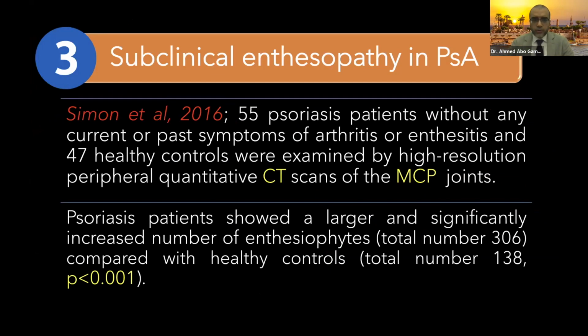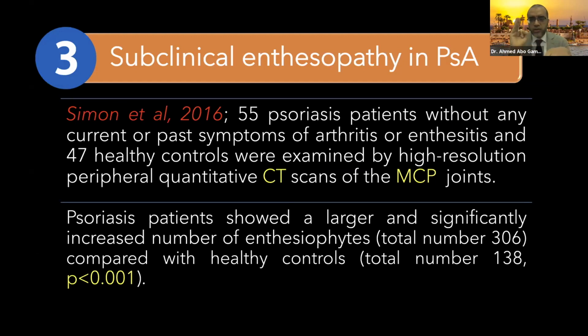Coming to the third point for the clinical challenges of the prevalence of enthesitis, which comes from the imaging data. We have a lot of progressive or growing evidence from imaging data that there is always a higher prevalence of enthesitis by imaging compared to clinical assessment, which happened with all types of trials.